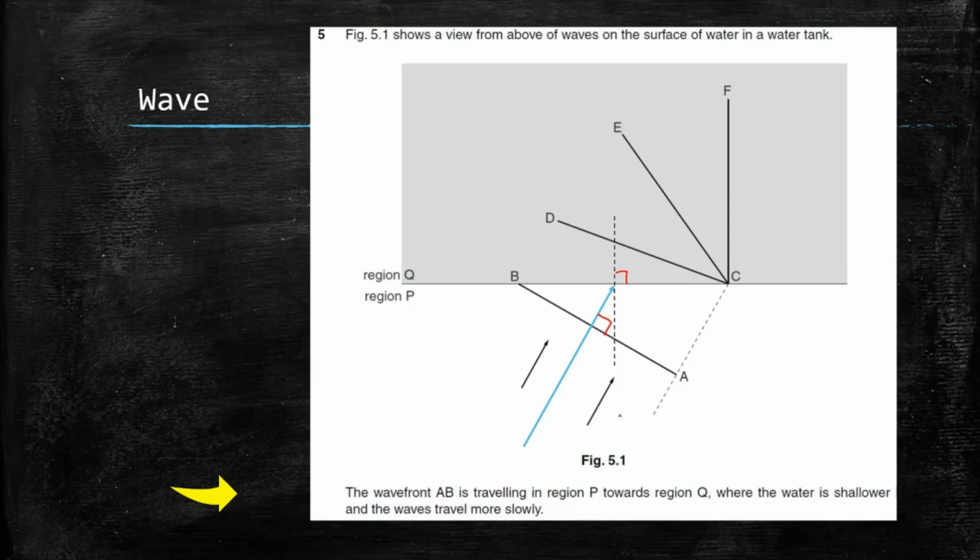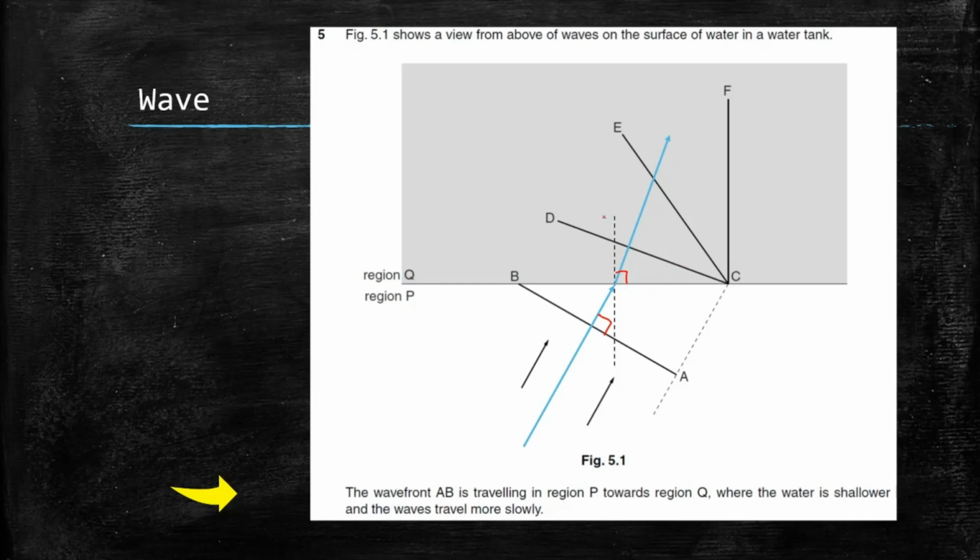Because the waves travel more slowly when they enter shallower region, the direction of propagation will be bent closer to normal. Draw the prediction of the direction of propagation in region Q. The direction of propagation bent closer to normal.